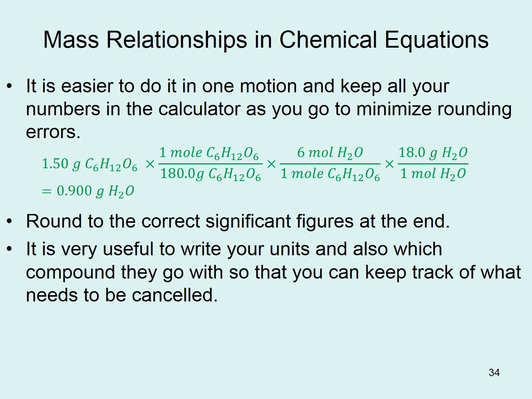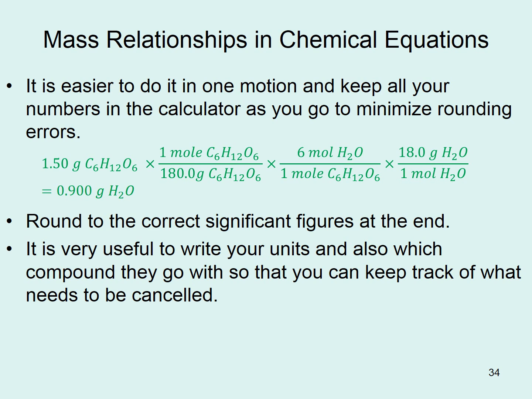Also, a lot of students don't want to do this, but especially at the beginning, notice how I've written out grams of C6H12O6, and then in the next one I wrote moles of C6H12O6, grams of C6H12O6. I've written out the units along with my numbers so I was able to keep track of it. If you know what you're doing and you're pretty organized, that's fine, but you want to make sure that you're following.